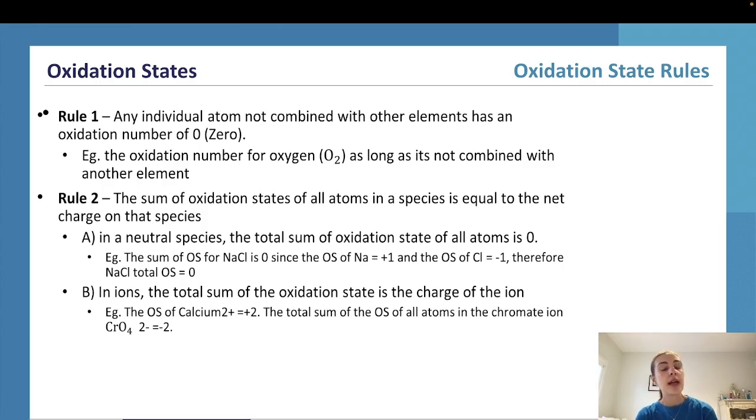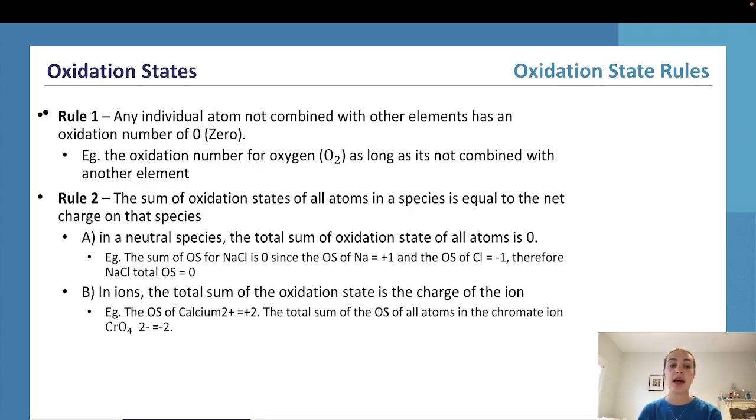And so if you have -8 from all the oxygens, that means you're going to need to add them up to -2. And so the only thing you then have left is the chromium. The chromium needs to have the appropriate value such that you can get from -8 to -2. So you need to determine what's the difference between -8 and -2.